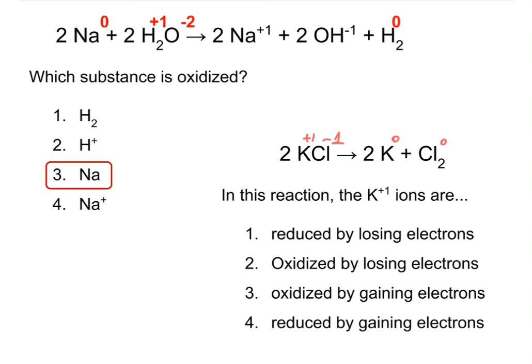We can see that potassium goes from +1 to 0. So we can see that its oxidation state drops. It's been reduced. So K plus 1 is reduced and it is accepting electrons. The fact that this number went down is the result of potassium +1 accepting an electron.